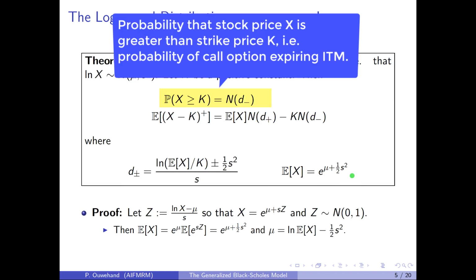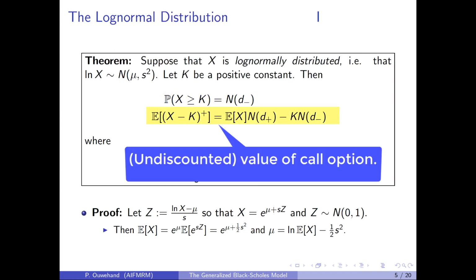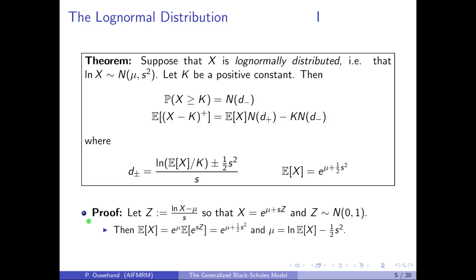For a call option with strike K, these look like the probability of the option expiring in the money and the price of a call option. I think the proof is pretty straightforward, if somewhat messy, and I will let you go through it yourself.